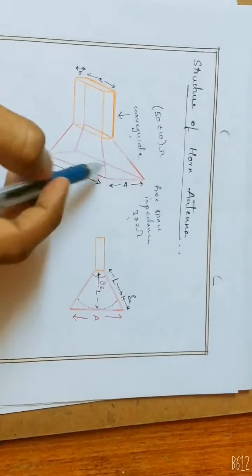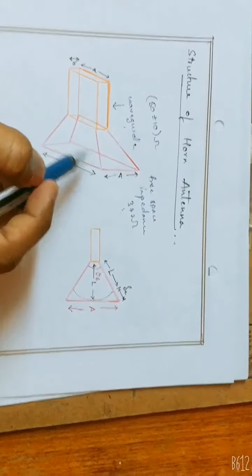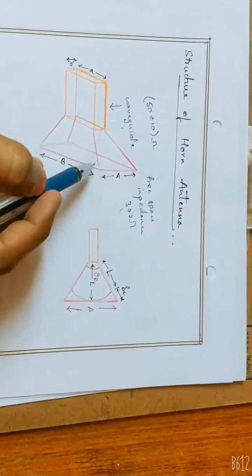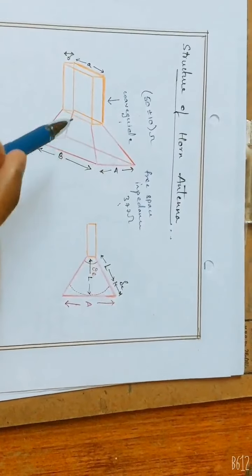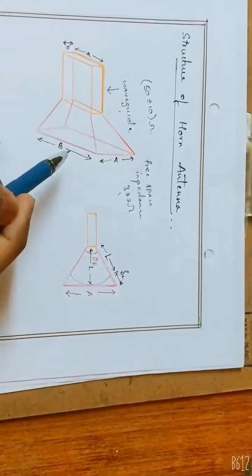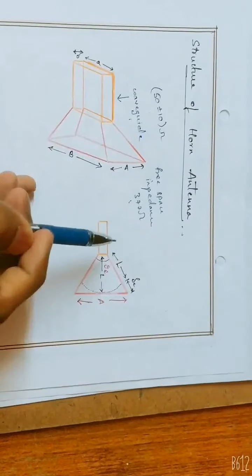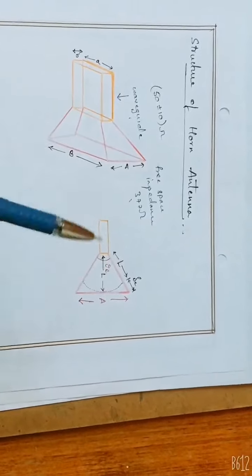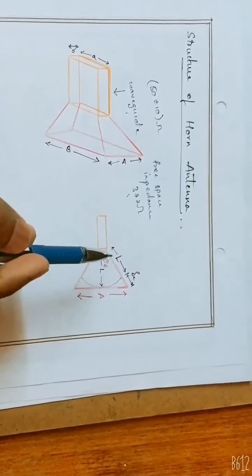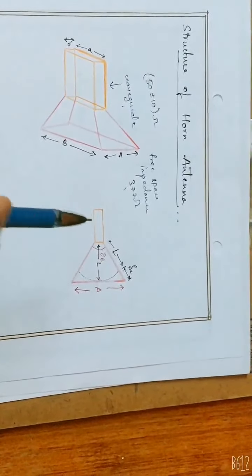So all we do is flare the waveguide in such a way that the flaring results in impedance matching. This provides directive radiation in space, which happens by providing this flaring.